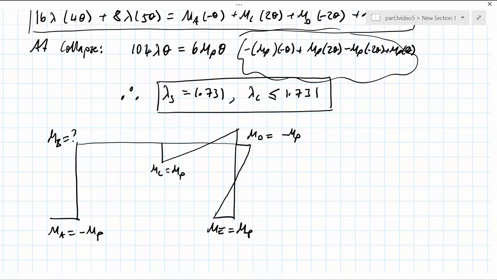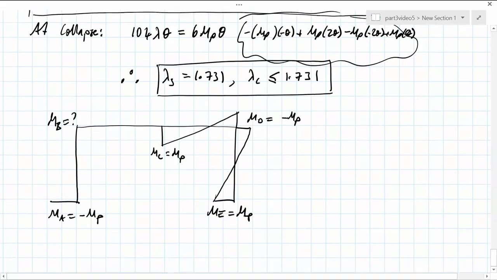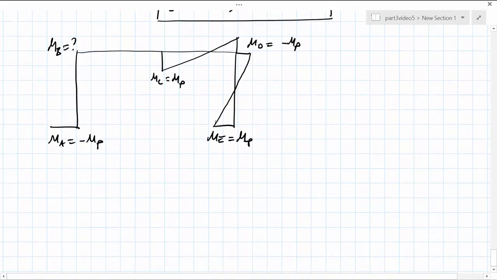We now need to use an equation which features MB, which in this case is again the equation from the first plastic collapse mechanism, but this time we substitute in the updated value of lambda.